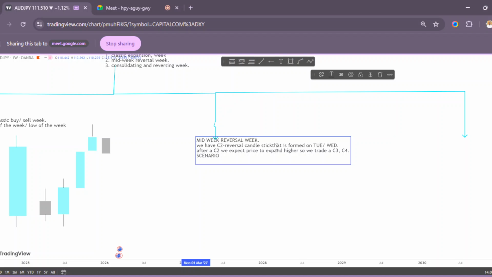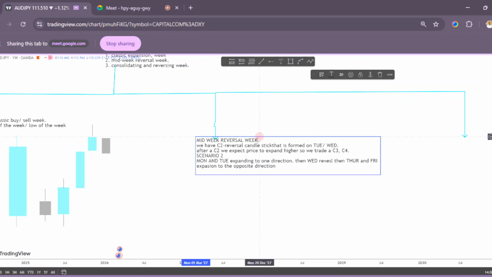Scenario 2, we can have Monday and Tuesday expanding in one direction, then Wednesday reversing, a Wednesday reversal, then Thursday and Friday expansion to the opposite direction.